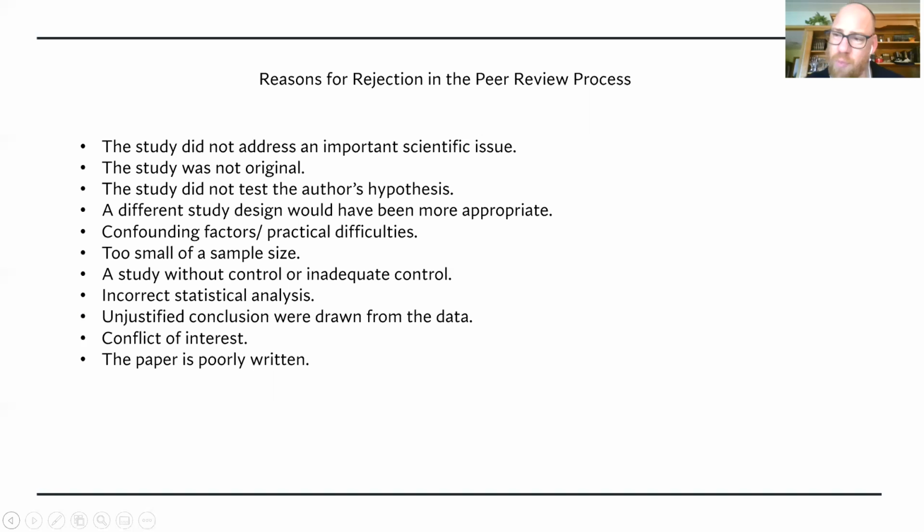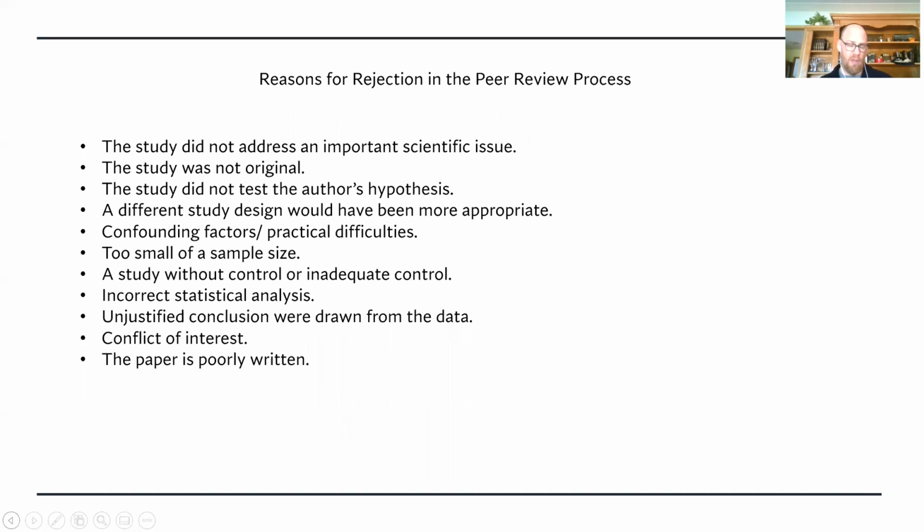So what are some reasons why these papers get rejected? Ultimately, maybe it lacks importance. It didn't really address a scientific issue that's important to the profession or the discipline. Maybe the study wasn't original; somebody's already done the study before in another journal. Maybe the author didn't test their hypothesis. Maybe they didn't design the study correctly.